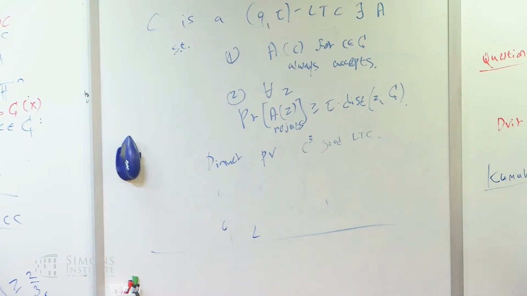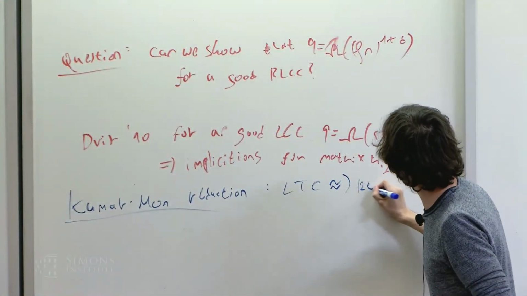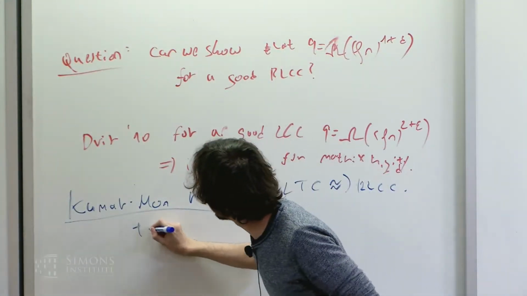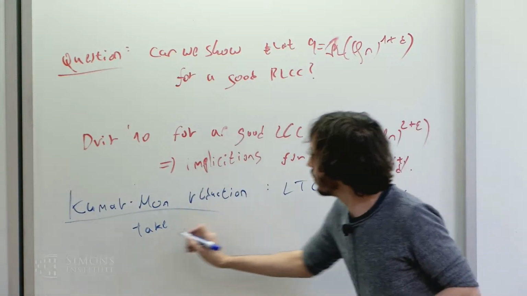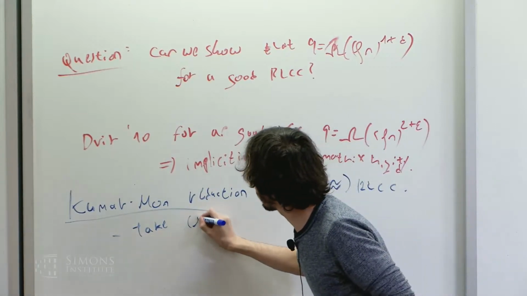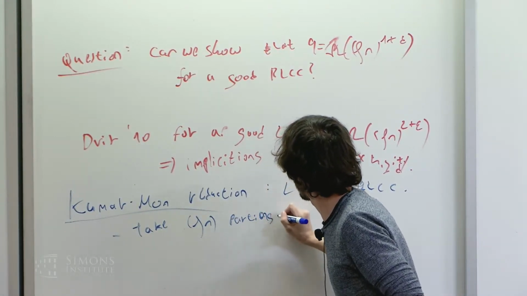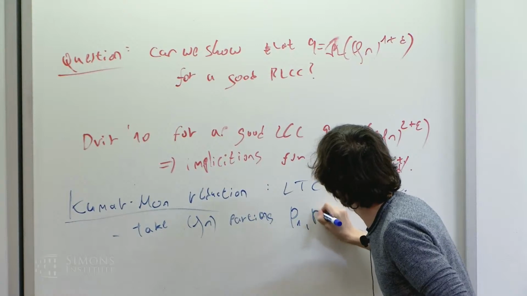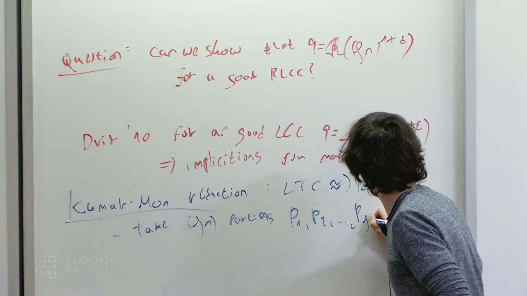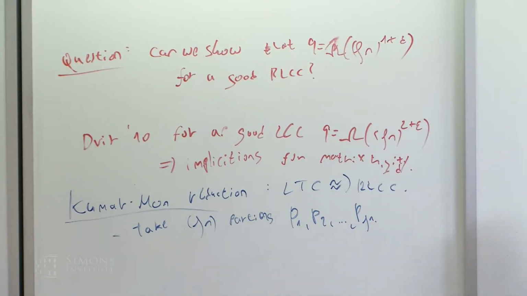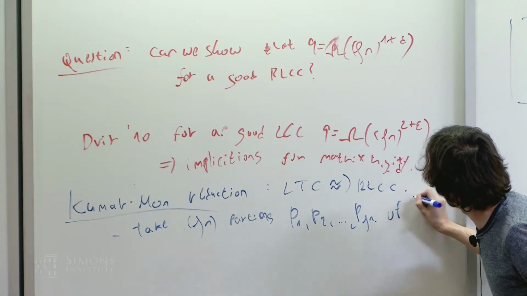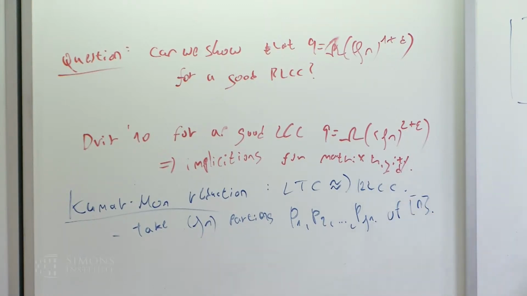So these are LTCs. And the Kumar-Mon reduction, which is from LTC, means that essentially LTCs give RLCCs. It says, take a sequence of partitions. There are log n partitions, P1, P2, up to P log n. These are partitions of the set of coordinates, the world n.